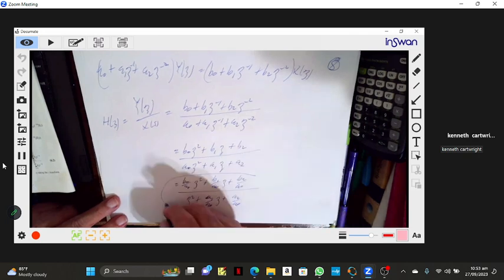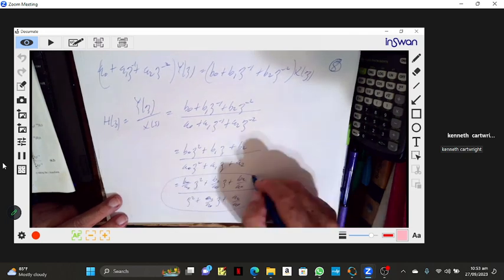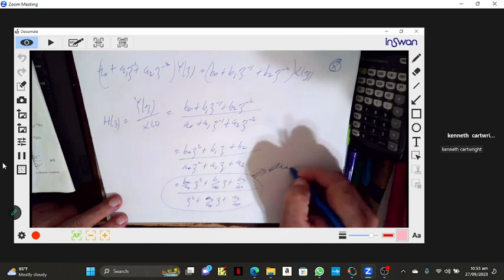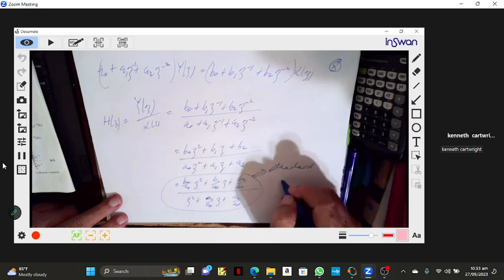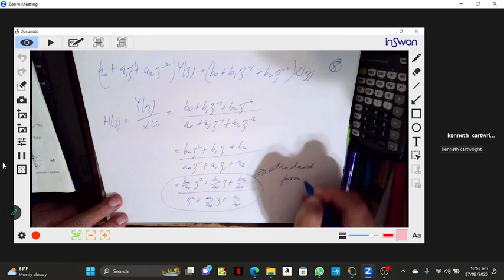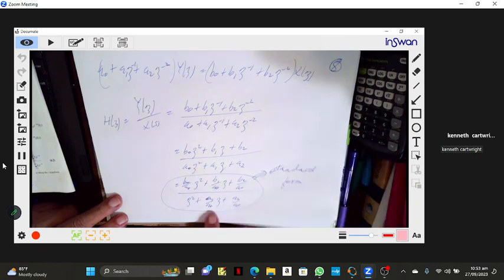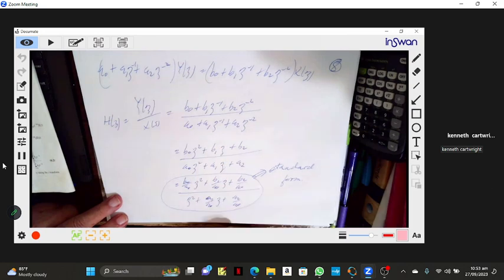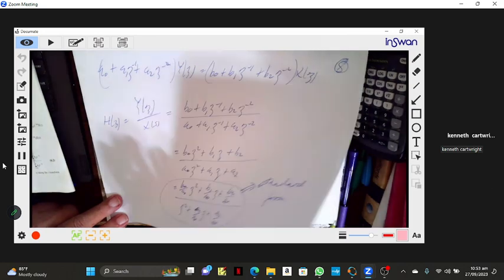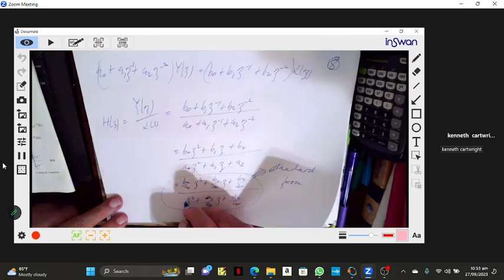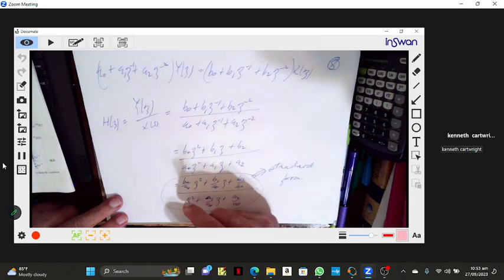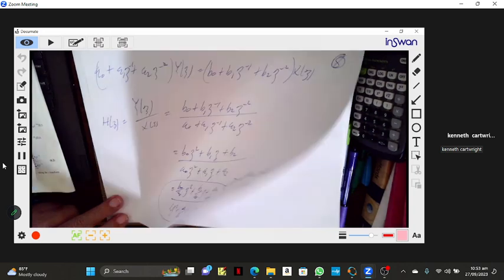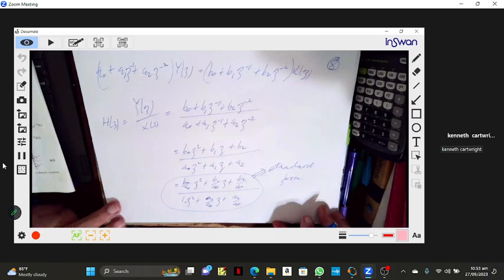This form here is called standard form. It's standard form because it's powers of z, not z to the negative 1, z to the negative 2. And not only that, the highest coefficient of the denominator is 1. That's called the standard form of the transfer function.